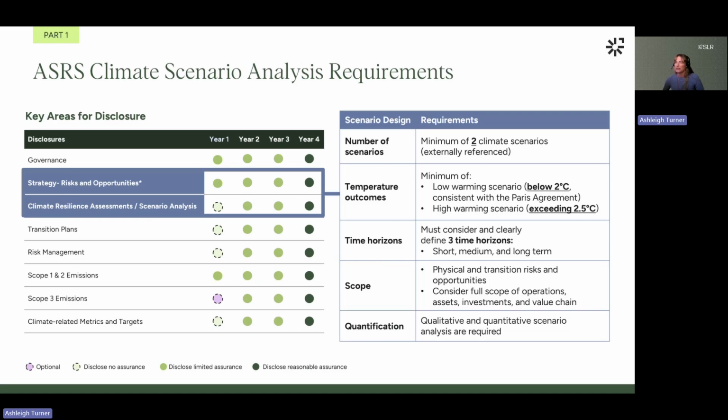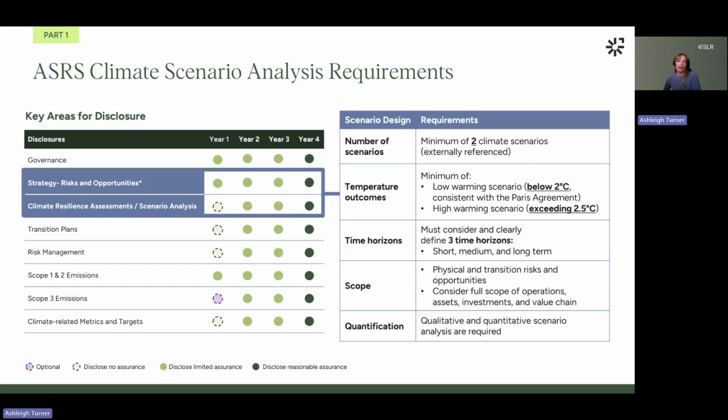In terms of scope, you need to cover both physical risks, so think extreme storms, heat, flooding, and transition risks, as well as opportunities, so policy changes, things like the implementation of carbon pricing or shifts in market. And you need to look at these across your full value chain, not just your direct operations.